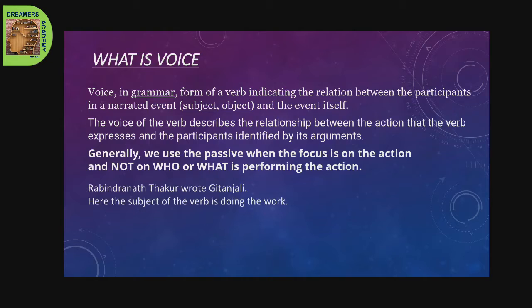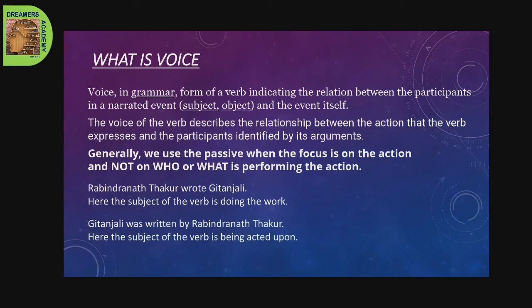Like, Rabindranath Tagore wrote Gitanjali. Here the subject of the verb is doing the action. That means Rabindranath Tagore is doing the work of writing Gitanjali. The same sentence converted into the passive is: Gitanjali was written by Rabindranath Tagore. Here the object of the first sentence was Gitanjali, and this is the subject in this sentence.